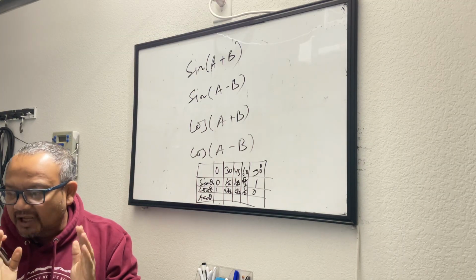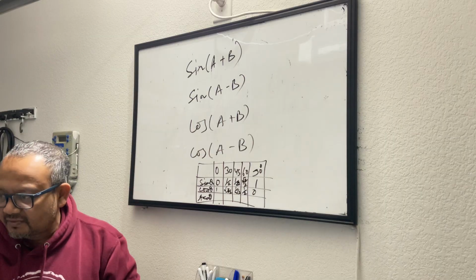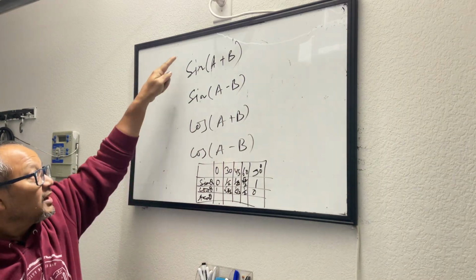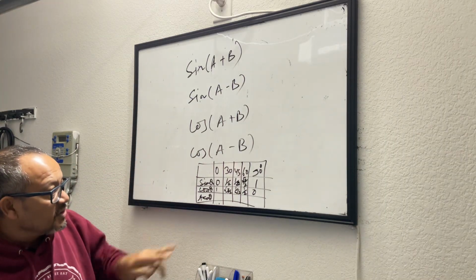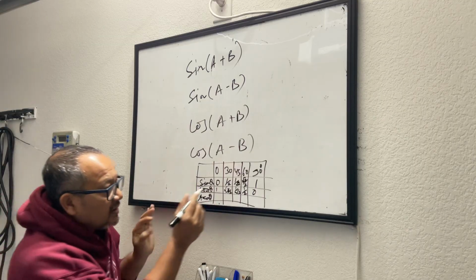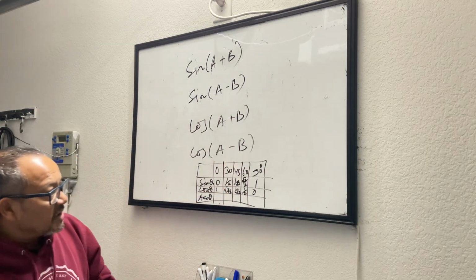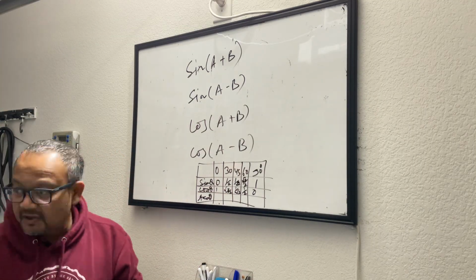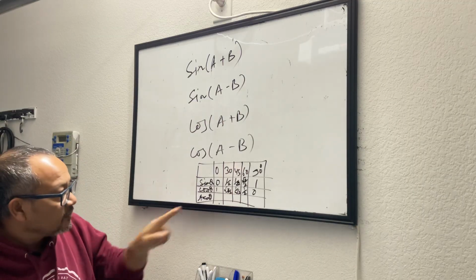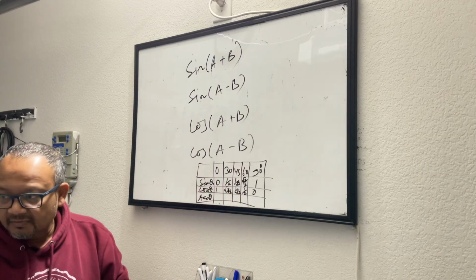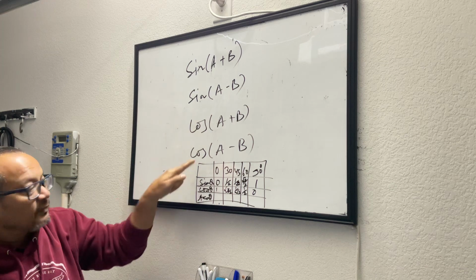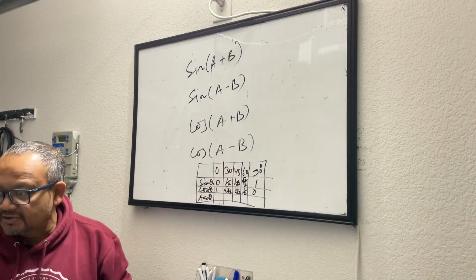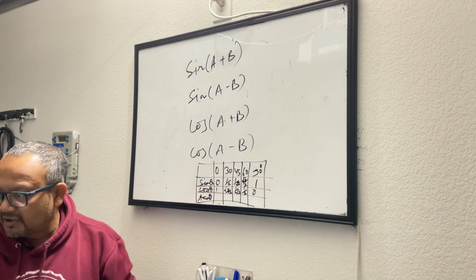You don't need the calculator, you can find it out by yourself. That is what these things help with. Let's say you know the value of 45 and 30 degree. I say, what is the value of sine 15 degree? So 15 is 45 minus 30. If you have this relationship or formula, you can derive it.